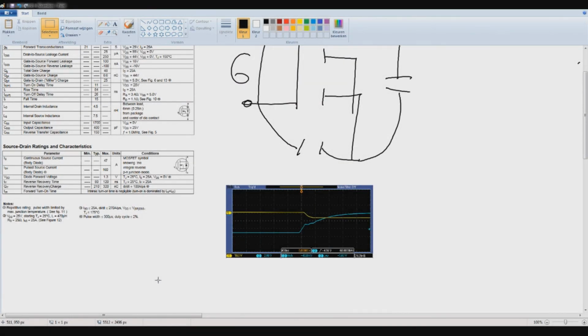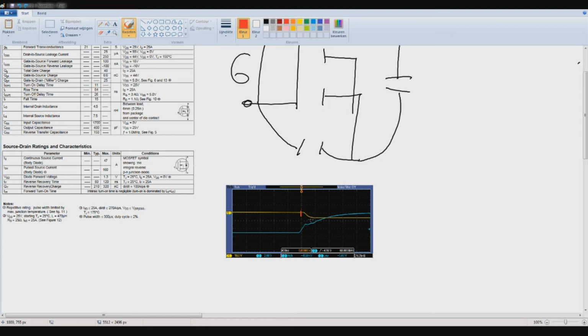So I found a pretty good experimental result of the Miller charge. As you can see, it's right here in this region, and it can overlap with this and this.